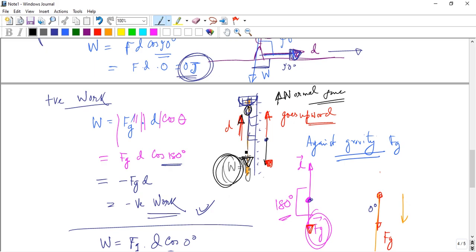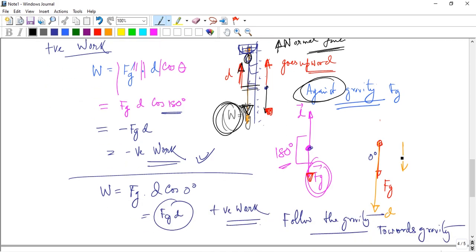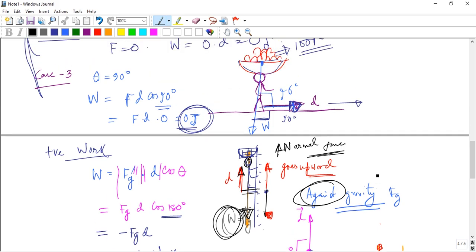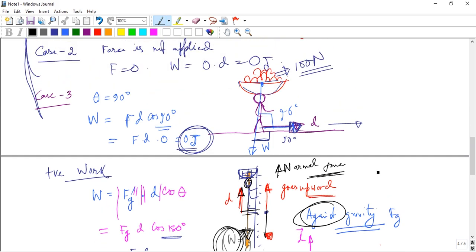The magnitudes are the same, but it is work against the gravity.